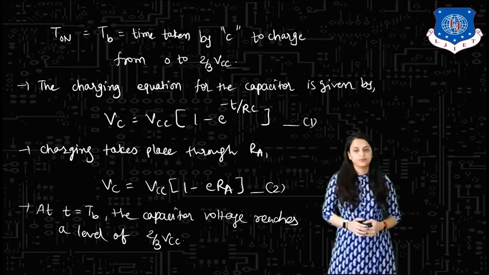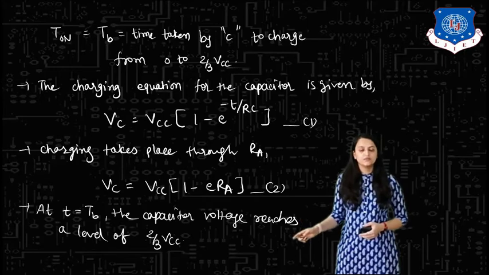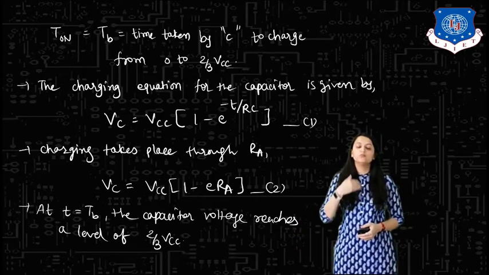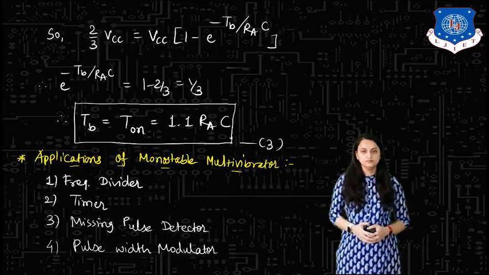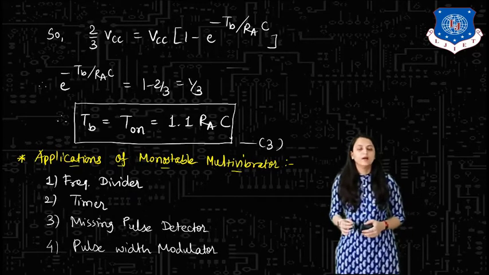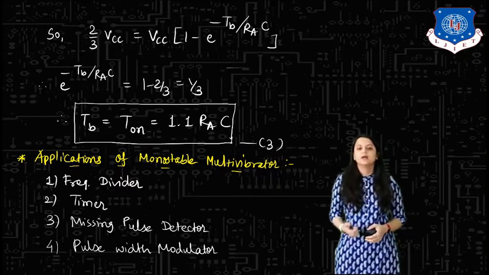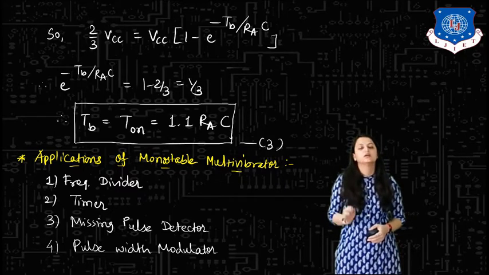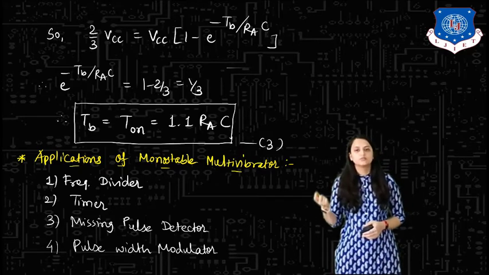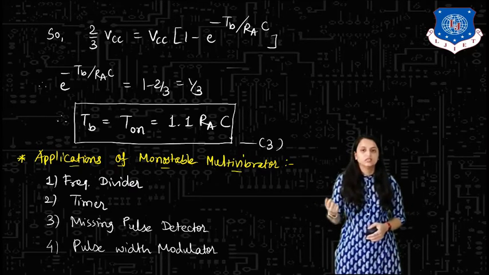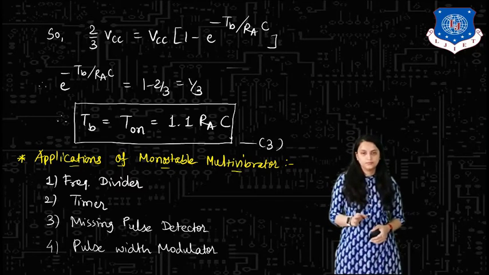Now at the instant t equals TB, the capacitor voltage reaches a level of 2 by 3 VCC. So 2 by 3 VCC equals VCC into 1 minus e raised to minus TB divided by RAC. If we make the subject e raised to minus TB by RAC, that will be equal to 1 minus 2 by 3, that is equal to 1 by 2.